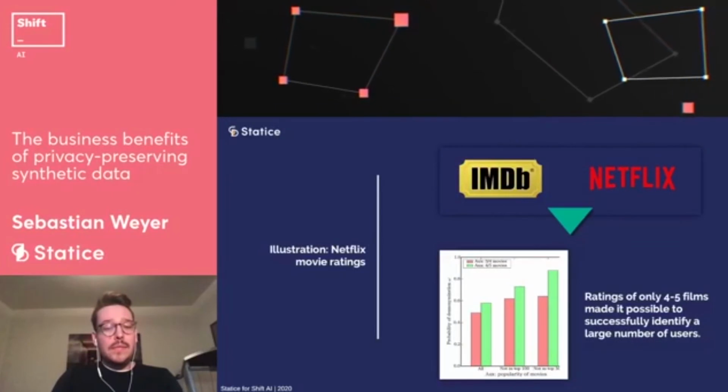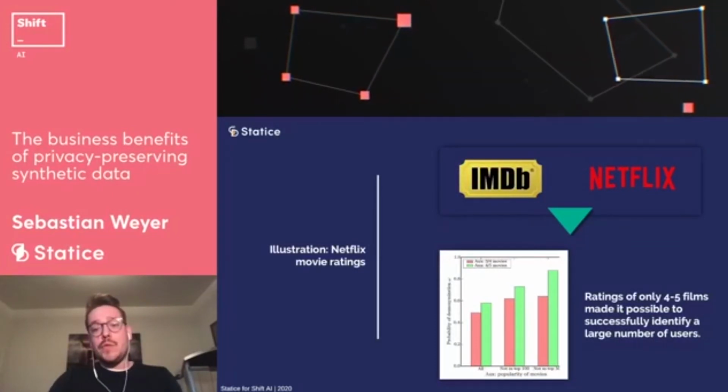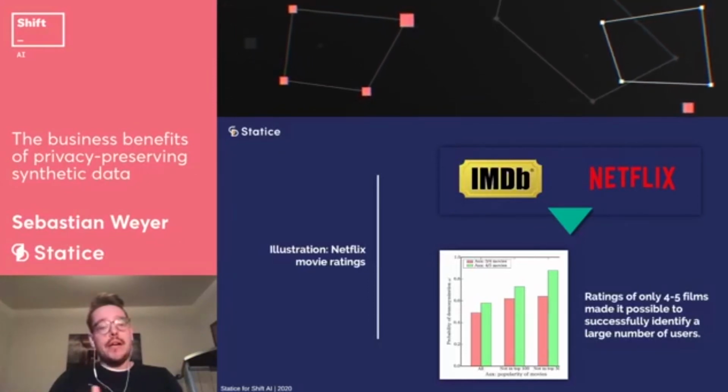A very strong example here that's also quite well known is where researchers went ahead and used a publicly available data set that Netflix released for a data science competition more than 10 years ago.